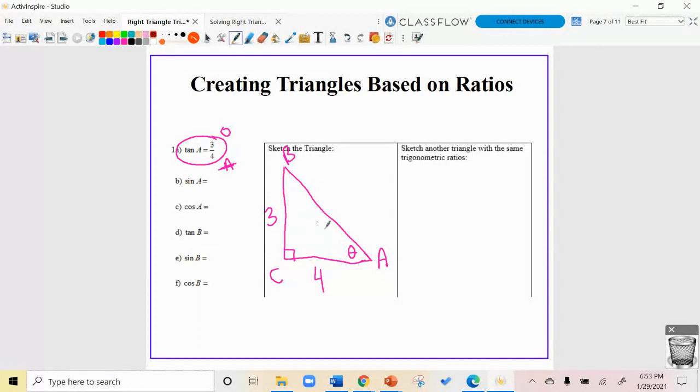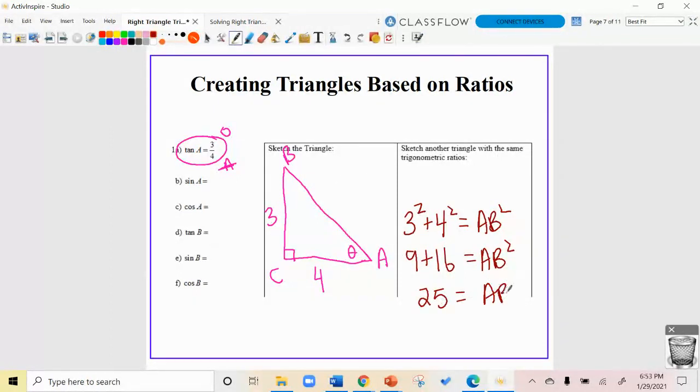Well, how do I figure out that last side? Oh, our old friend, the Pythagorean theorem. It never goes away. 9 plus 16 equals AB squared. You might even know this one. We talked a little bit about Pythagorean triples last semester.